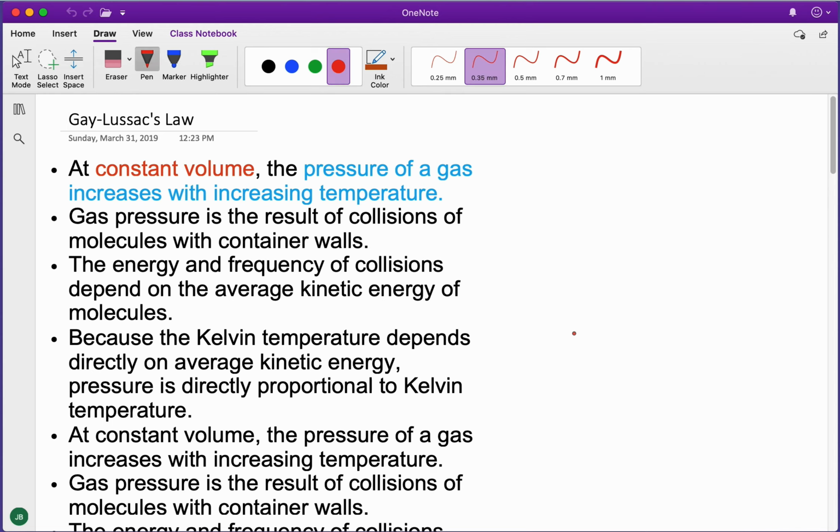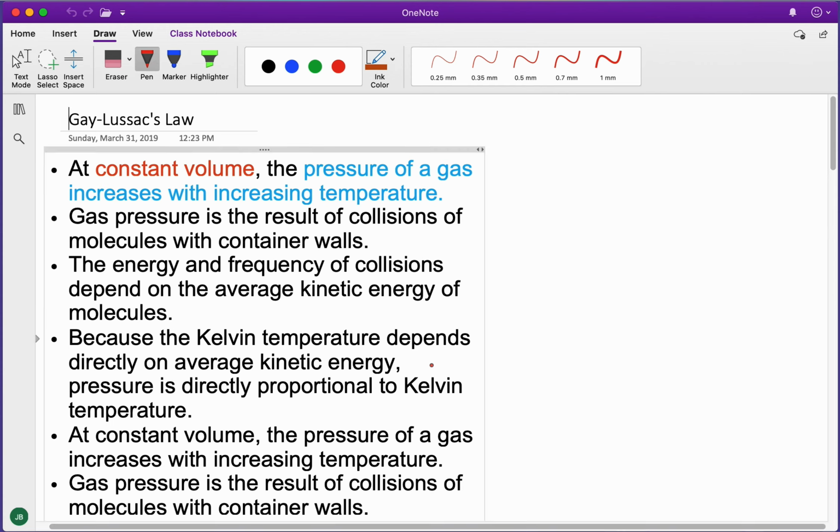For Charles's law, usually what you're going to see is that as you increase the temperature, that's going to cause the volume to increase. We usually don't just see a volume increase causing a temperature increase. While with Gay-Lussac, we can work the sentence either way. The pressure increase will cause a temperature increase, or a temperature increase can cause a pressure increase.